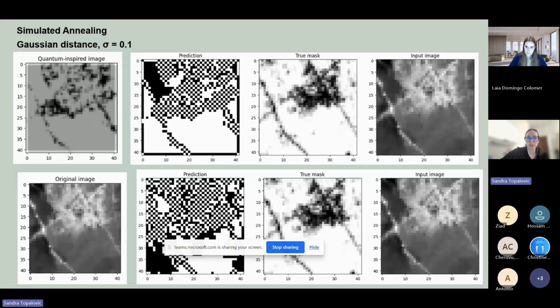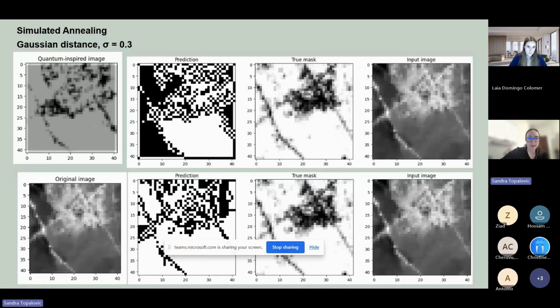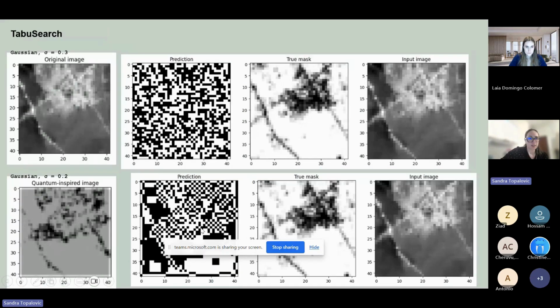Again, I did not see any improvement compared to the first one. And here I also ran the simulated annealing with sigma 0.3. It looked like the original image without any quantum inspired filtering also generated somewhat decent segmentation results.